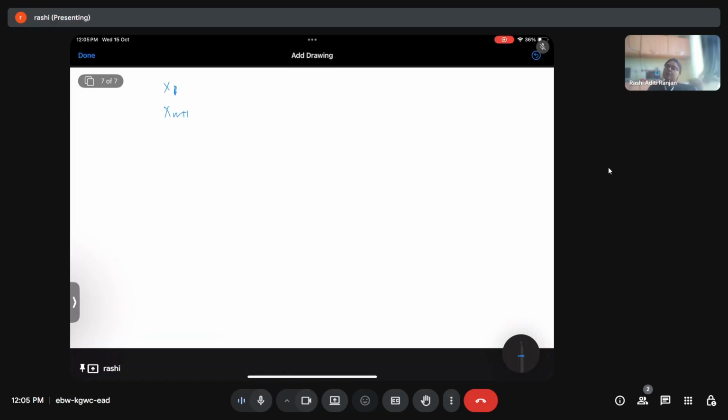So I can write it as x1 by x2 into x2 by x3, I'm using a dot because a cross would be confusing, into x3 by x4 into dot dot dot xn by xn plus 1.